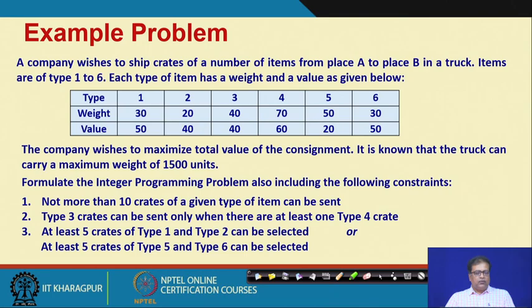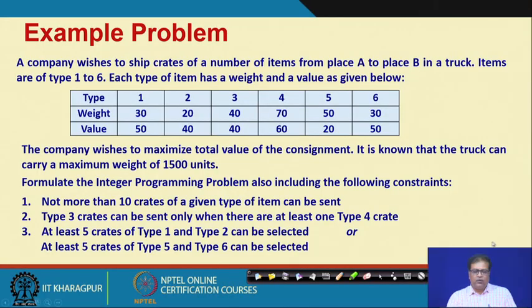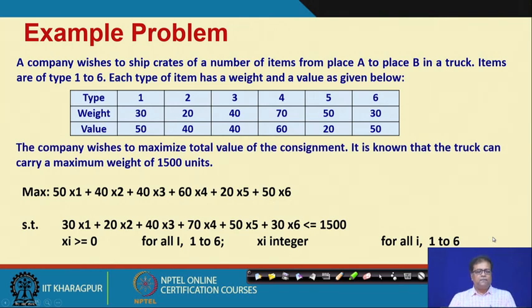So, the first part of the problem is very simple, it is a standard knapsack problem. We can just formulate this as a knapsack problem, that is maximize the total value, which is 50 x1 plus 40 x2 etc., subject to the constraint that the total weight should be within the 1500 units limit.